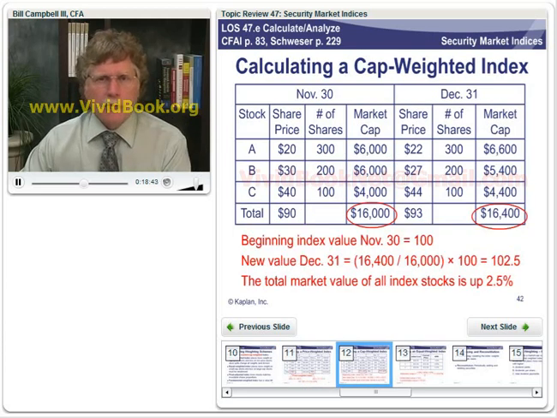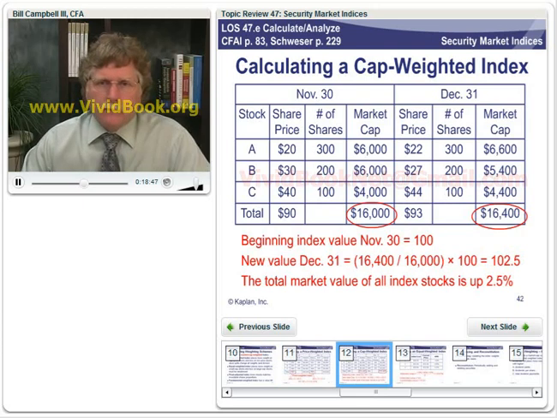If we did it with market cap weighting, then our market cap went from 16,000 on November 30th to 16,400 on December 31st, which is an increase of 2.5%.